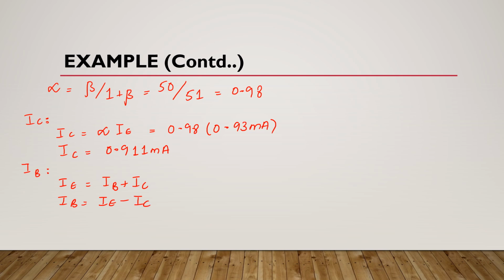Now IE is 0.93 milliamperes, and IC is 0.911 milliamperes. So your base current will be 0.02 milliamperes. Okay, now you have found all terminal currents, that is IB, IC and IE.